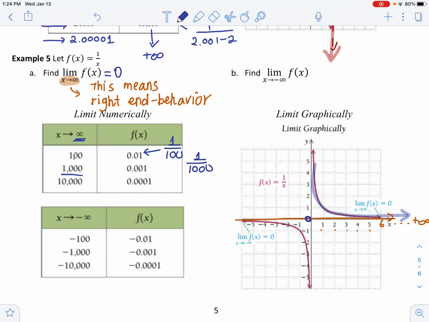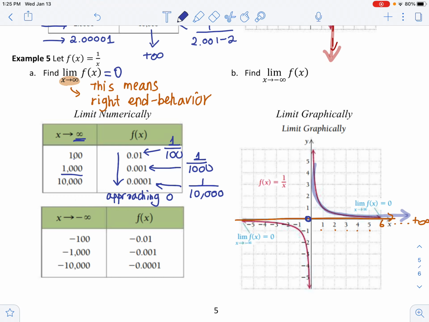If you do 1 over 1,000, that is 0.001. Lastly, we can plug in another big number, 10,000. 1 over 10,000 is 0.0001. Do you see that f of x is approaching what number? It's approaching 0.